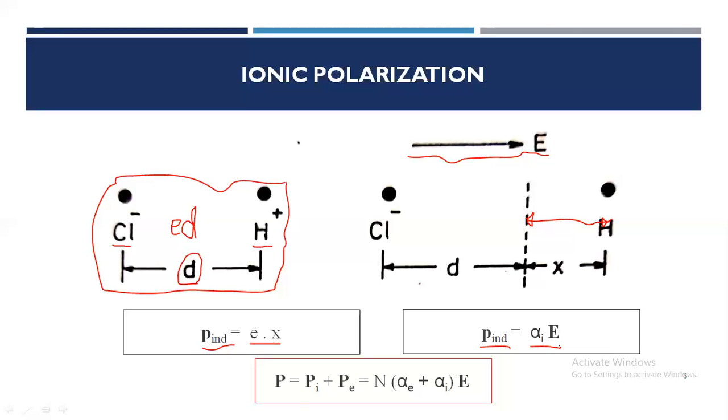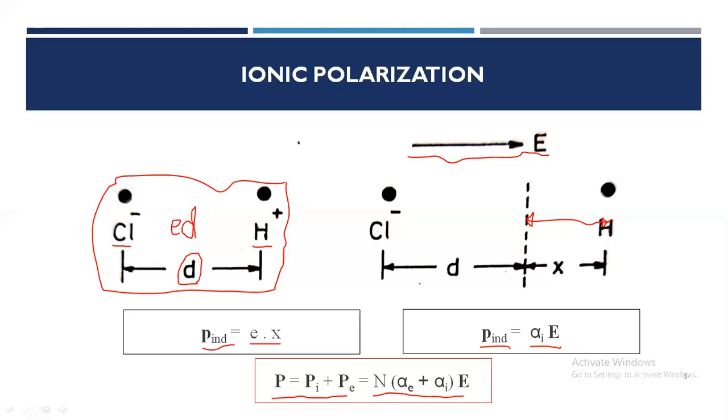The simultaneous occurrence of electronic and ionic polarization results in a volume polarization, which is the sum of the individual effects, such that P is equal to P_i plus P_e, which becomes N times (alpha_e E plus alpha_I E).